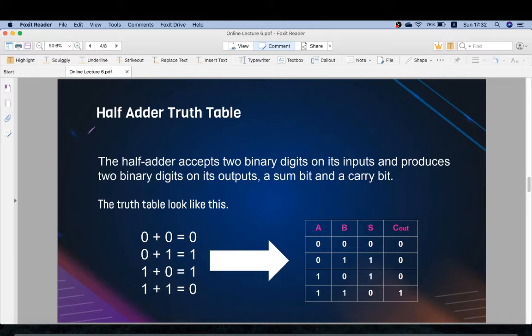Half adder truth table. From here we will study the designing rules of the half adder. In the last lecture we studied the designing rules for combinational logic circuits. So what were those rules?